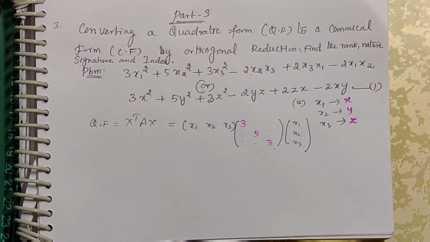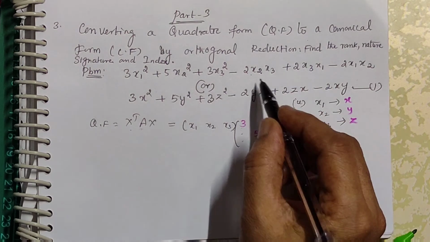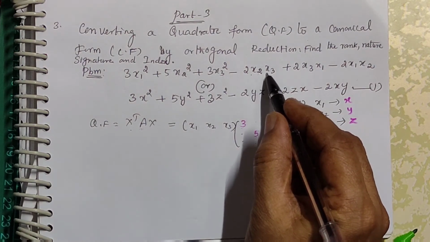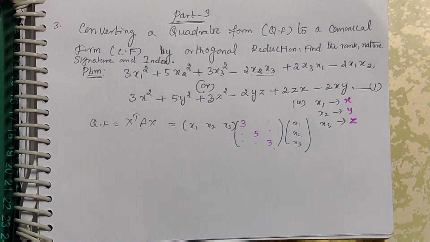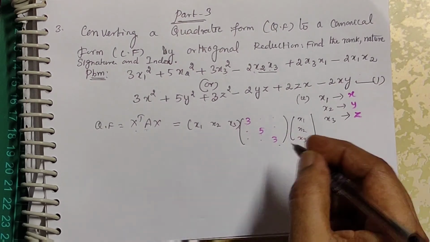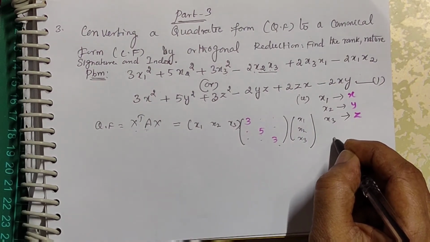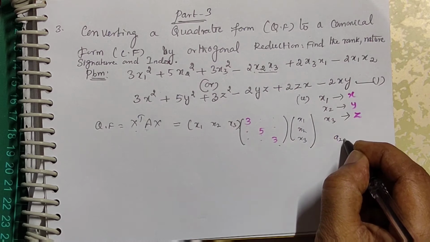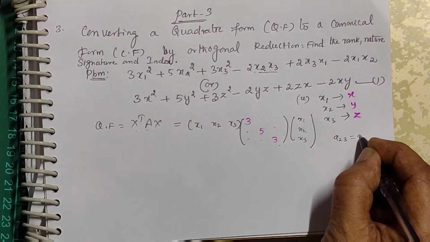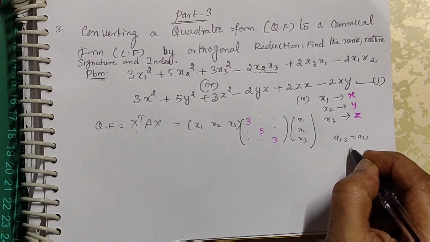The coefficient of minus 2x2x3 should go in the place of A23 or A32. How to write it?